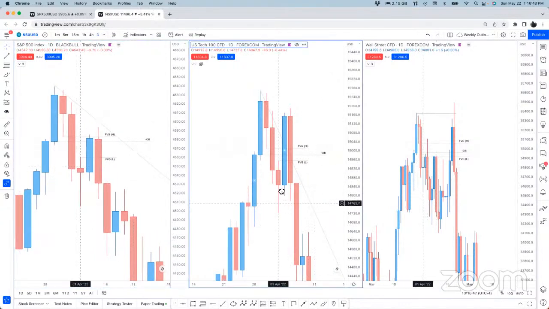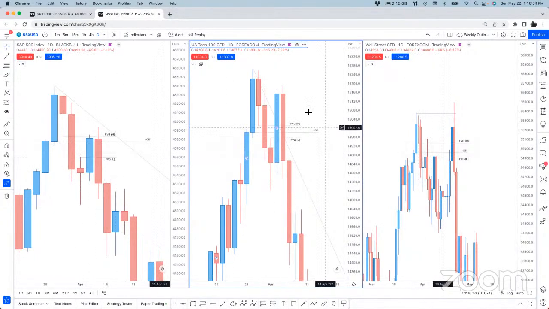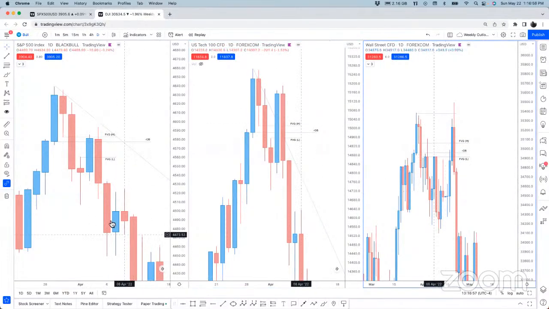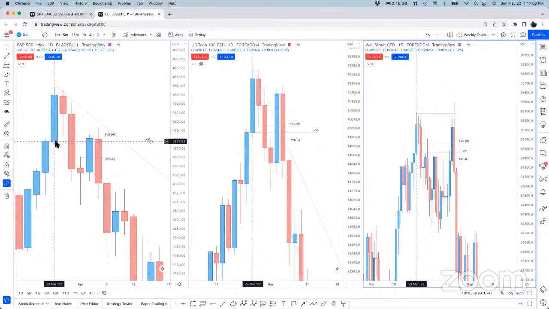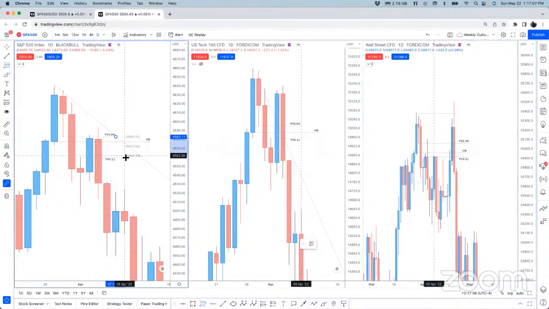Okay, so just to go back, right? We already noticed we got these three similar situations. The way you can handle that is you have three levels inside of a fair value gap that you can consider.